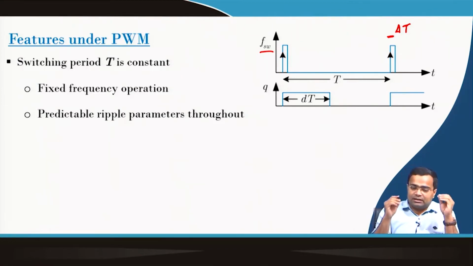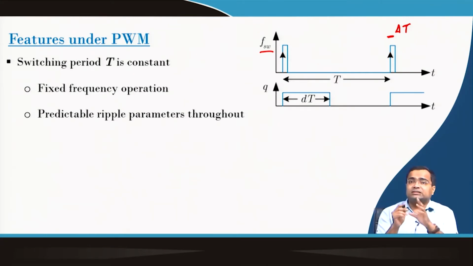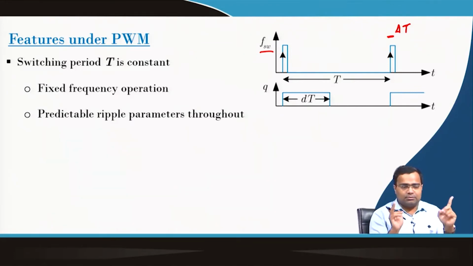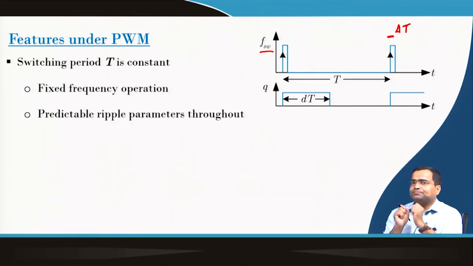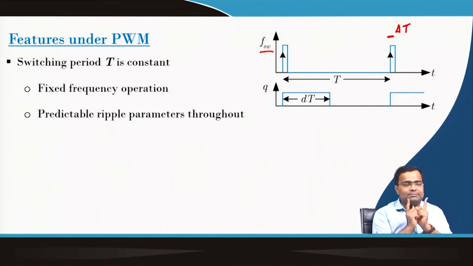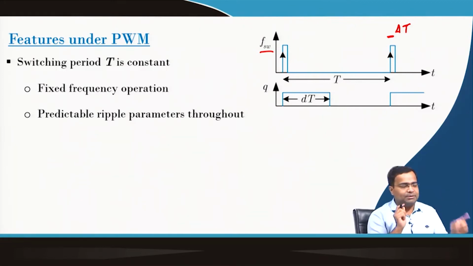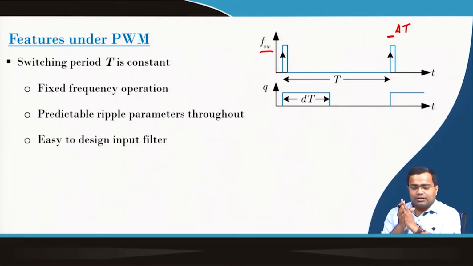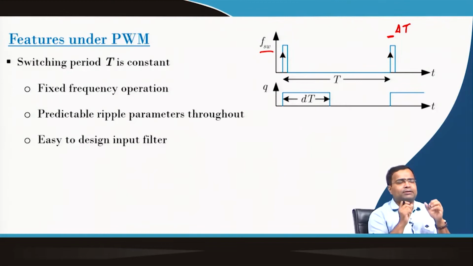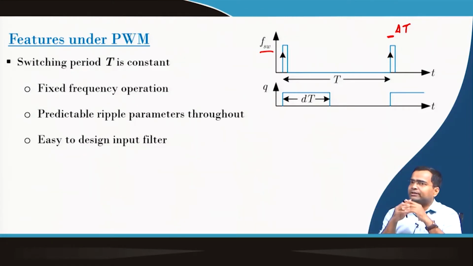If the stable periodic behavior is lost, that means it may lead to subharmonic oscillation, then the spectral composition can adversely vary. I mean, that can sometimes become unpredictable. So, first we have to ensure that the closed loop operation is stable, we can guarantee periodic behavior, and under fixed frequency operation we can predict the ripple parameter. If we can predict the ripple parameter and fix the switching frequency, it will be easy to design an input filter.